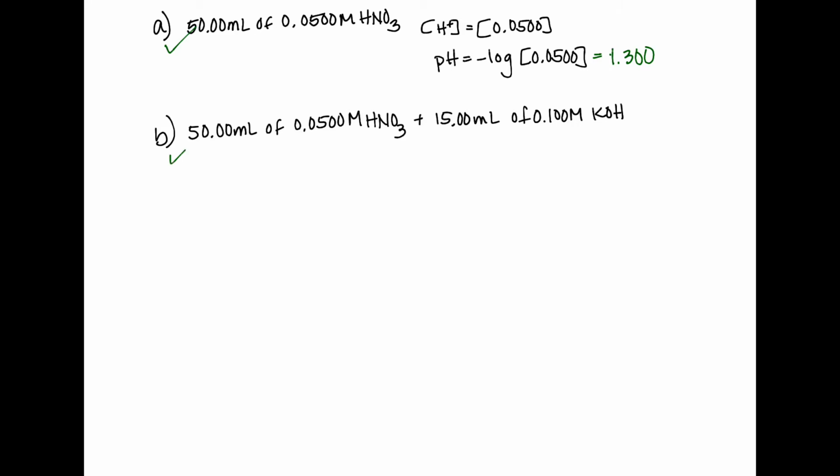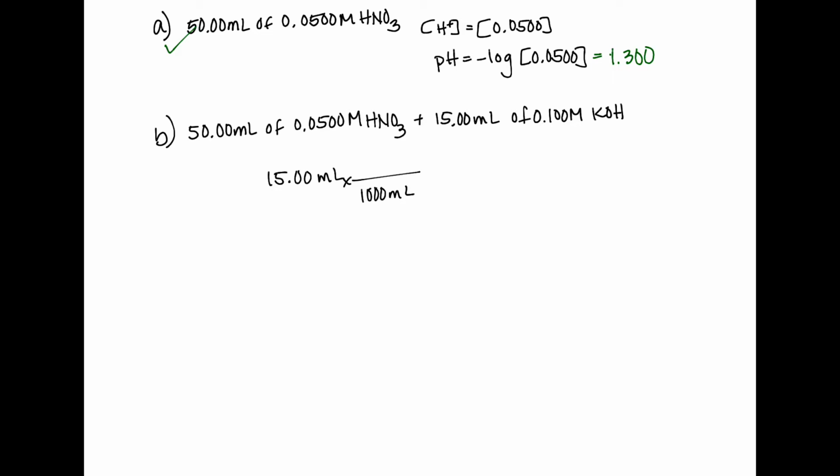Part B is when we have our acid in the titration flask and we've added 15 milliliters of the potassium hydroxide. We need to figure out how much this potassium hydroxide took away from the nitric acid. So we're going to use stoichiometry to do that. I'm going to calculate how many moles of the acid have been used by this potassium hydroxide, how many have been neutralized.